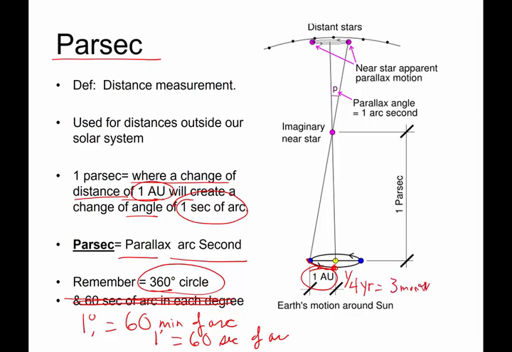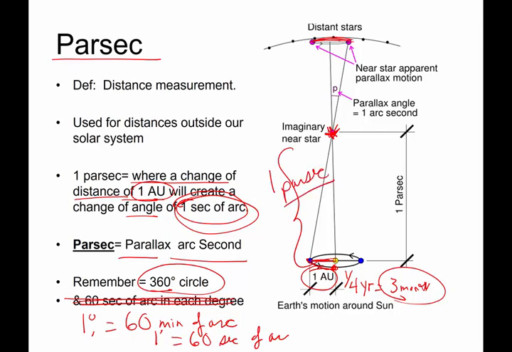And they look at how far the distant star has moved, this is our distant star, relative to the background of stars back here. If the star has moved 1 second of arc in that 3 months where we have moved 1 astronomical unit, then that star is 1 parsec away. And that's 1 parallax arc second away.